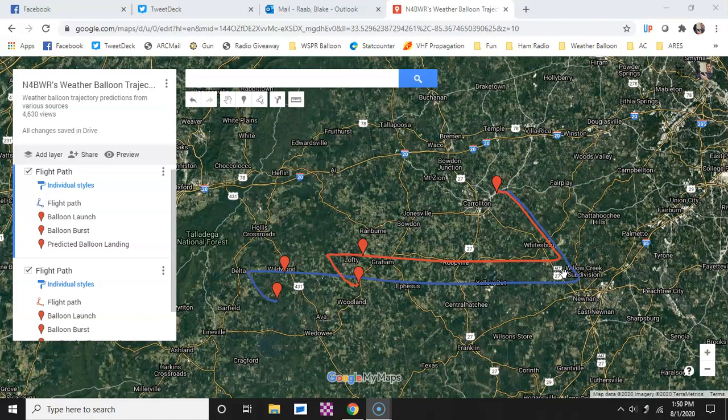You will be able to, if you have Google Earth installed on your mobile device, see what you would kind of see on aprs.fi, the current position and altitude and track of the balloon as it is in flight at that moment, along with both of these predictions.